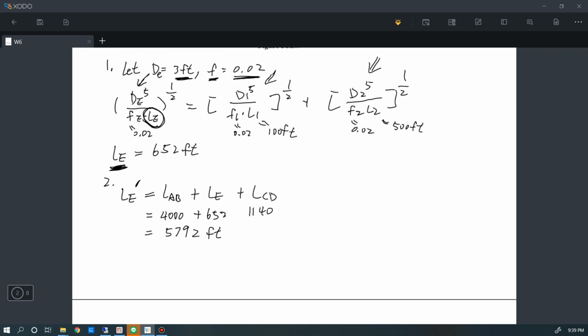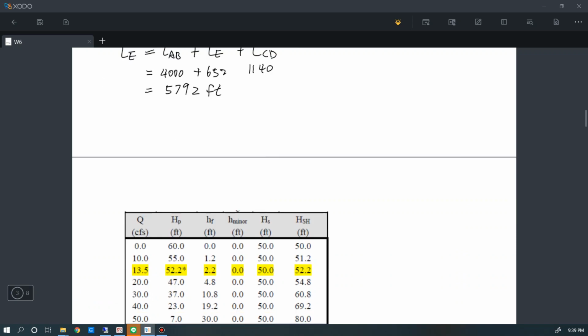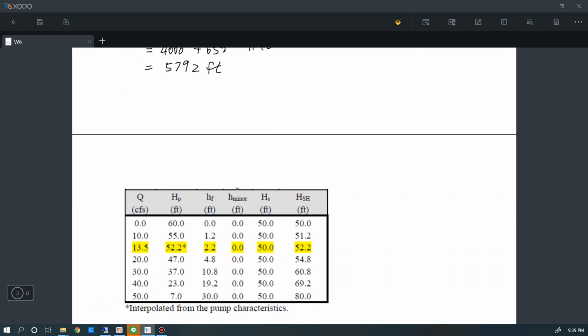Okay, so now we have gathered all the information that we need to apply to this table to calculate the intersection.